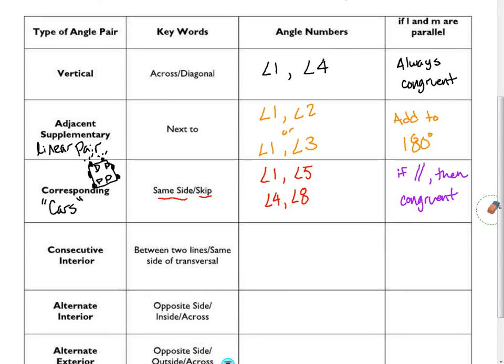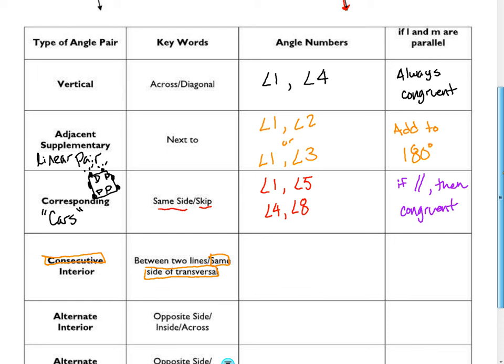you should think on the same side of the transversal. So they're on the same side of the transversal because they're consecutive. And they're interior, meaning that they are inside.